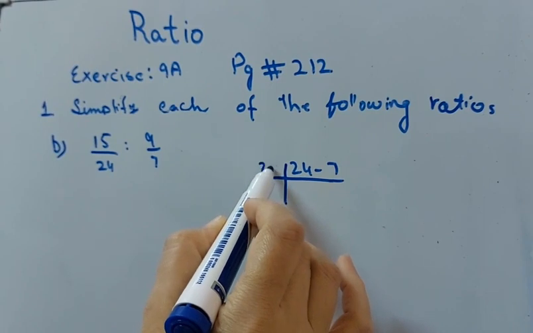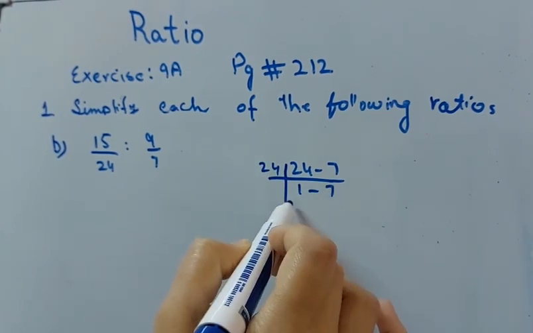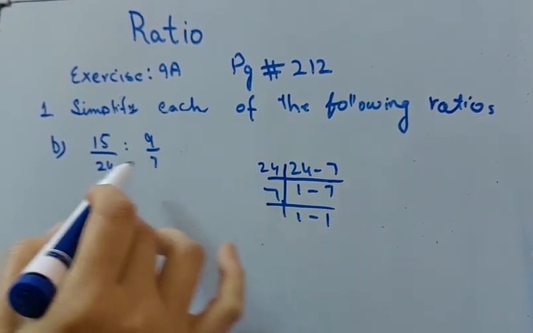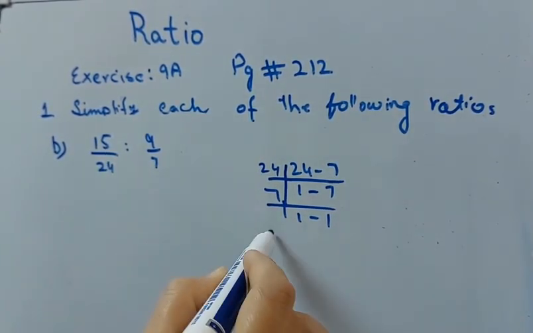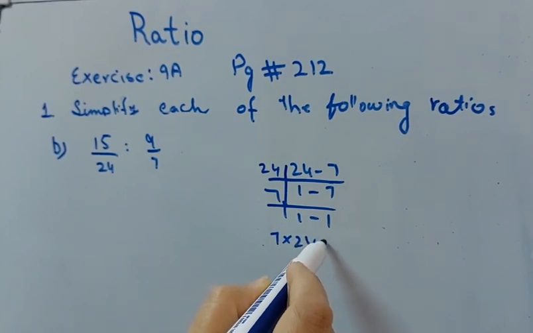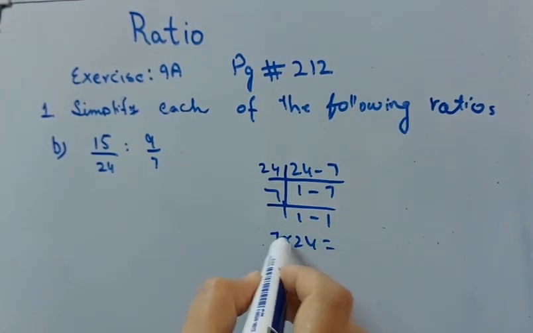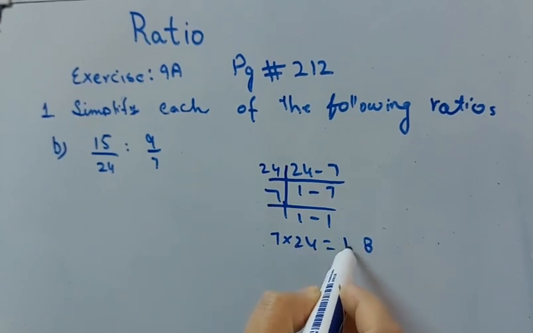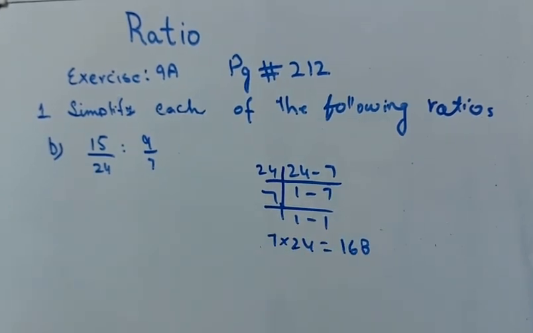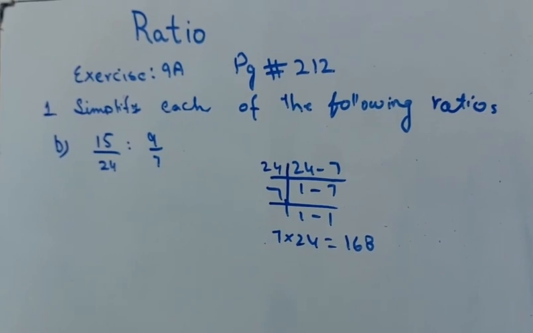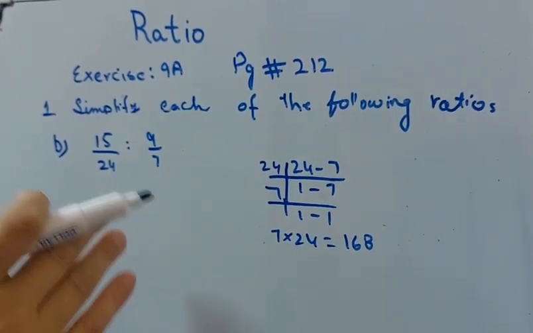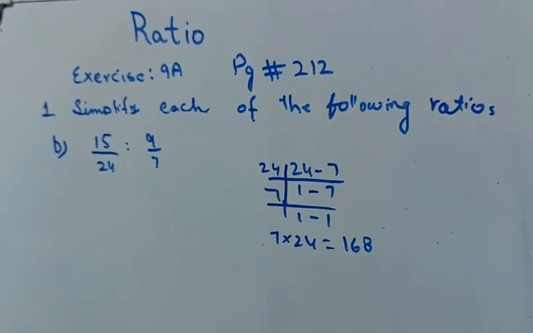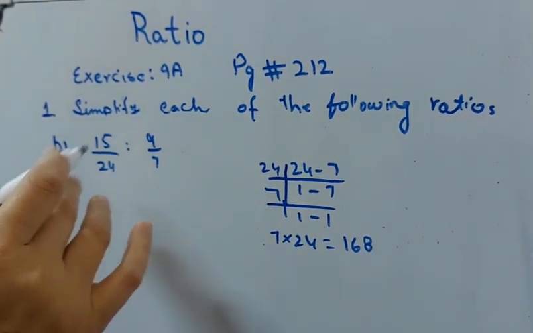No. So we can simply multiply 7 with 24, and we will get what? 7 4s are 28, 8 2 carries 14, 15, 16, 168. If you don't find any common multiple, least common multiple, we have to find it like this, or multiply both the terms together.